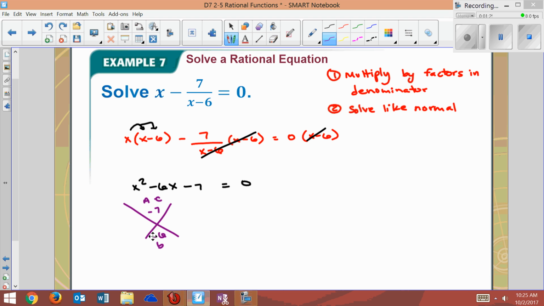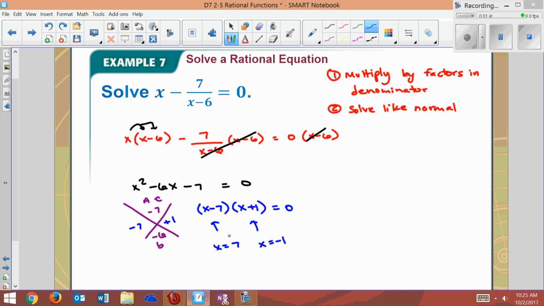What are factors of negative 7 that add up to negative 6? Well, I believe those to be negative 7 and positive 1. Since my a is 1, I just divide that power in half. So I have x minus 7 times x plus 1 equals 0. So here I have that x equals 7. Here I have that x equals negative 1.